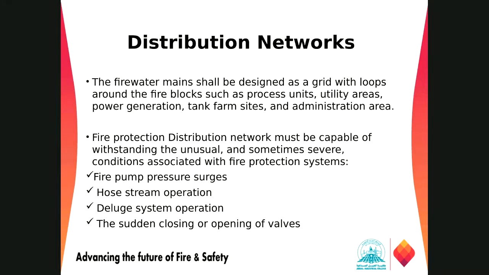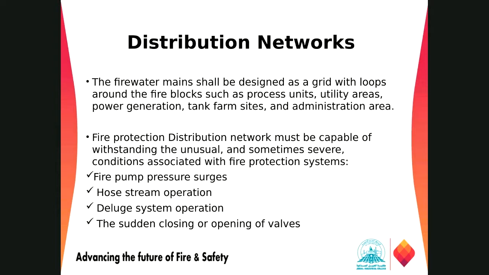Okay, now we are moving on to the distribution networks, the fire water supply lines underground, right? This will be totally based on NFPA 24, and the main shall be designed as a grid with loops around the fire blocks, such as process units, utilities areas, power generation, and all those areas.